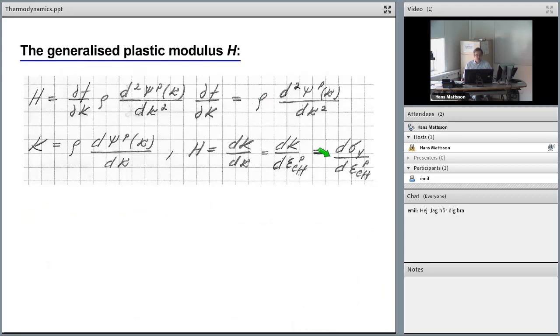So we have this result here. Exactly the same result as when we derived the isotropic von Mises model, the first lecture I had in the course.